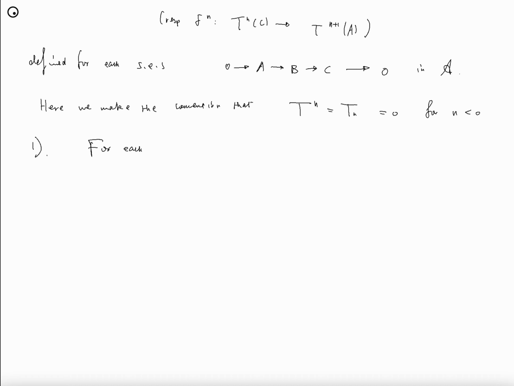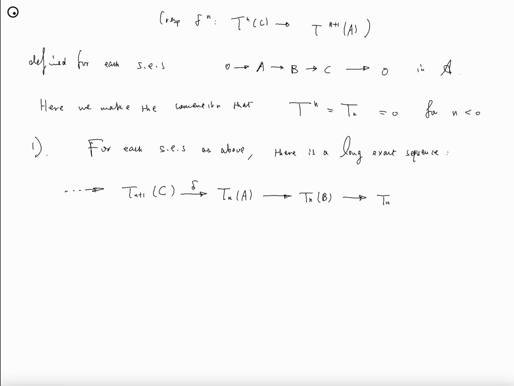For each short exact sequence as above, there is a long exact sequence, respectively, the cohomological one increases the index.